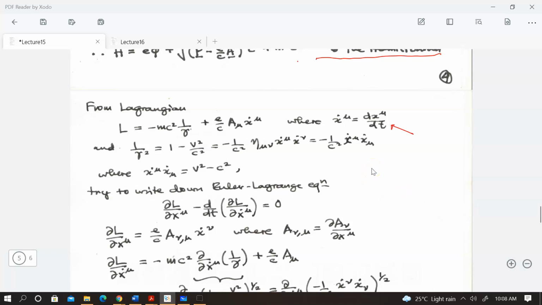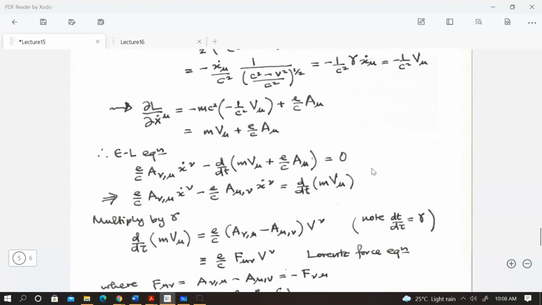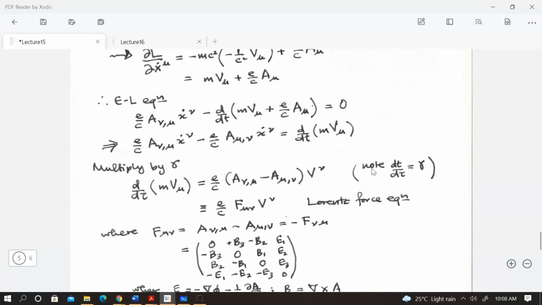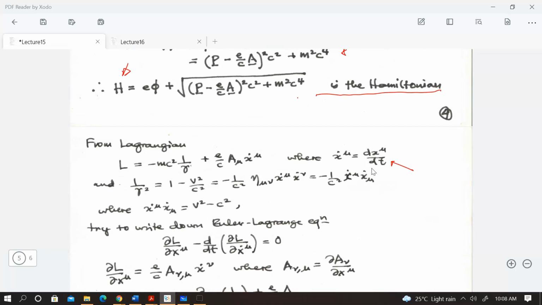If I were to write this in a much more elegant way, let me just check what I'm trying to do here. I need to go back to the case of your field strength tensor.